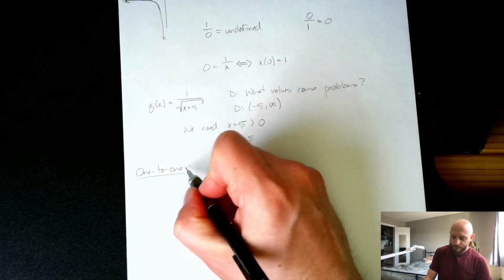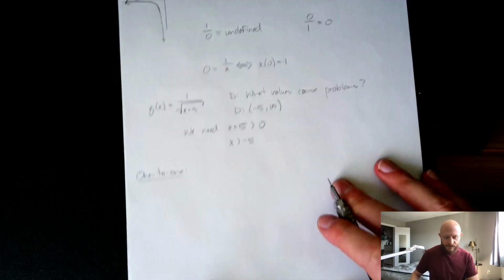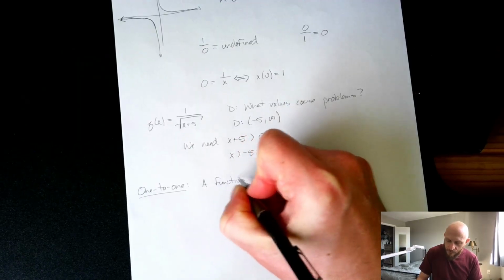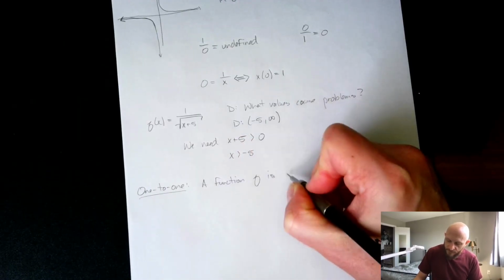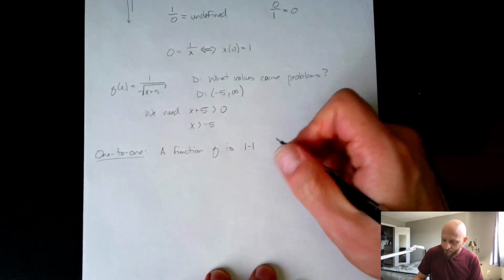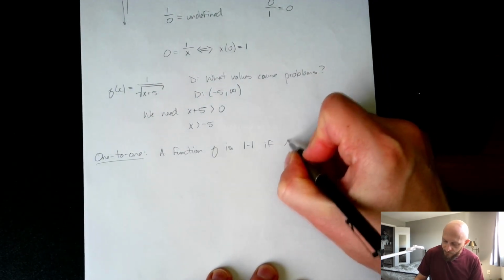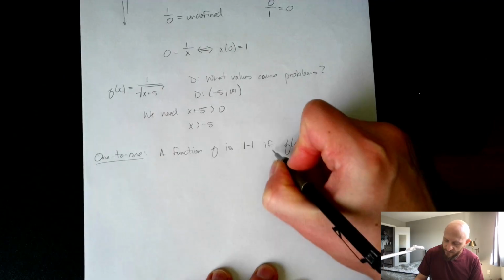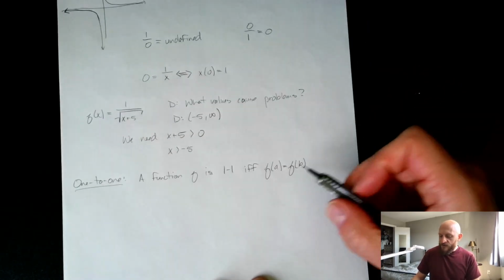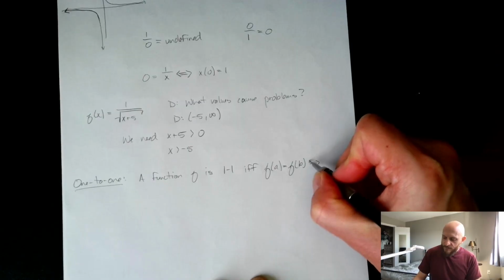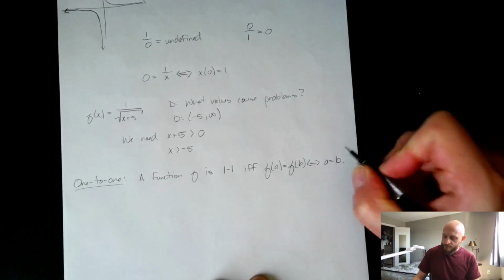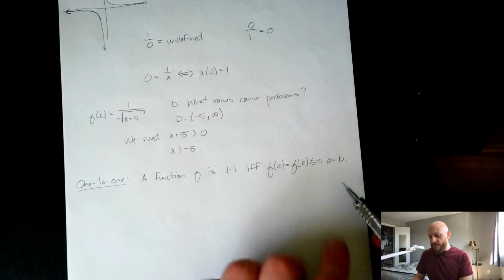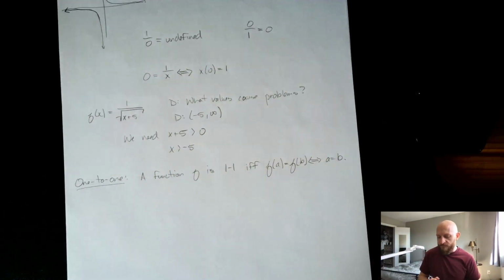The strict math definition is that a function f is one-to-one if, and this is an if and only if statement, f of a equals f of b means that a equals b. So if f of a equals f of b, then a is equal to b, and obviously if a is equal to b, then f of a is going to equal f of b.